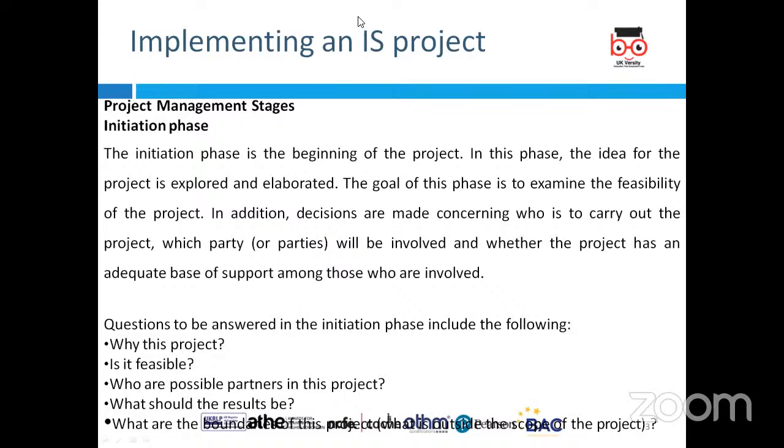We have to look into why we're choosing to work on this project, how doable and feasible it is, who the possible partners in our project could be, how we can integrate more members in order to achieve the most from the project, and also what our outcomes and results should be.